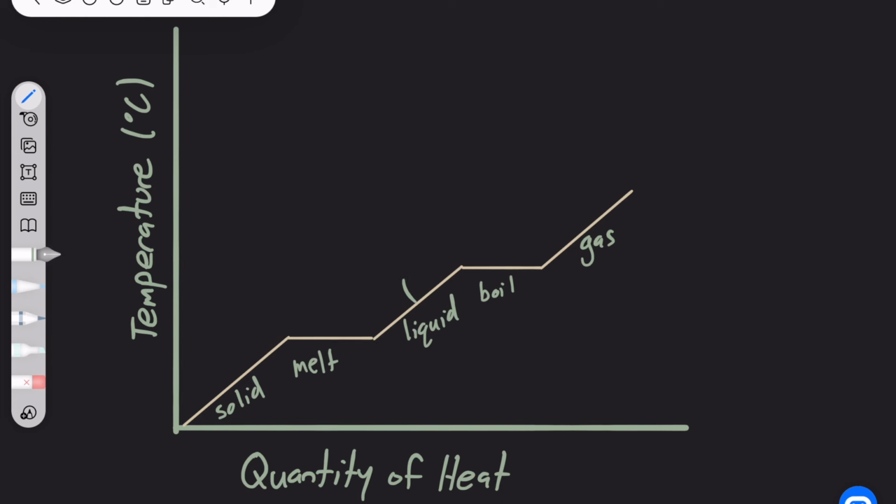So we are starting at 48 degrees Celsius, and we are going all the way down to negative 19 degrees Celsius. And there's going to be 3 different steps here. The first step is we are going from 48 degrees Celsius to 0 degrees Celsius, and that is in liquid state.